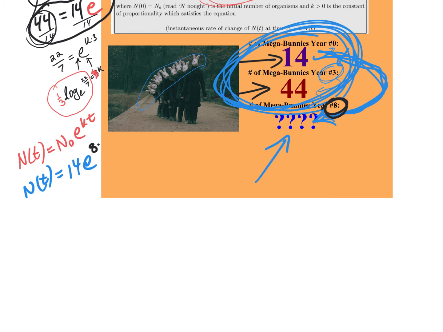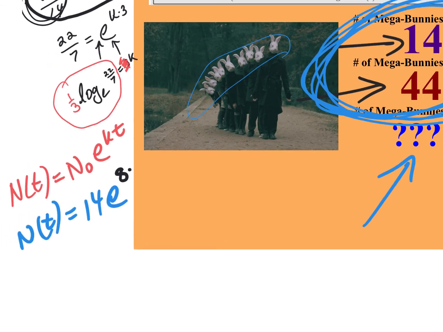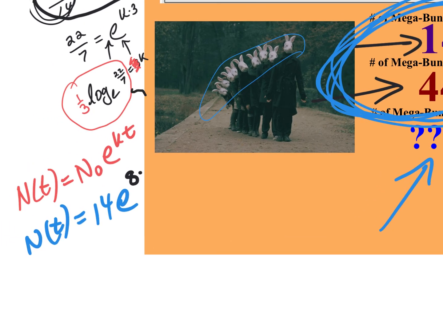How am I supposed to know what k is? Because you just solved for it. It's right there. And I write that right here. 1/3 log base e, would you agree that's ln of 22/7. There's my answer.